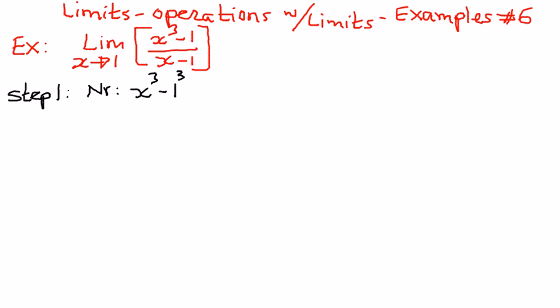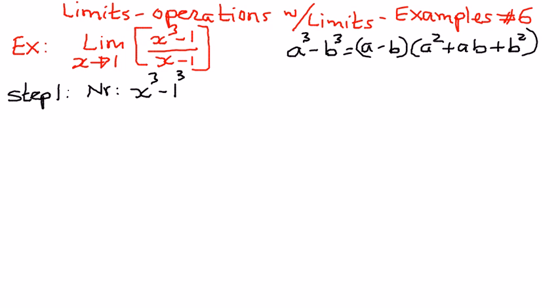We know from the difference of two cubes, if we have a cubed minus b cubed, we can expand it out as follows: a minus b times a squared plus ab plus b squared. We can write the expanded form of difference of two cubes as shown here.